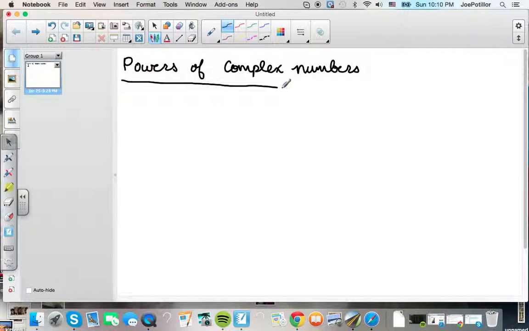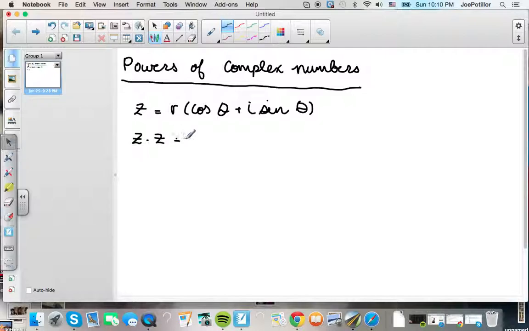So, thusly as such, we're taking, let's say, z is equal to r cosine of theta plus i sine of theta, multiplying it by itself. Okay.